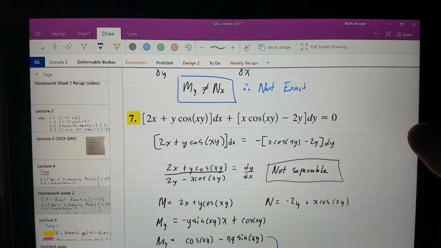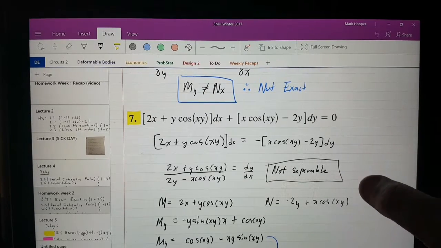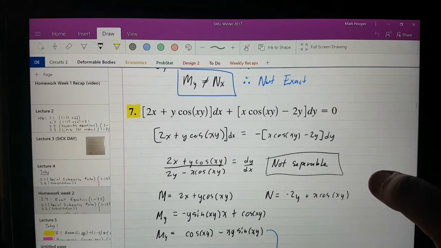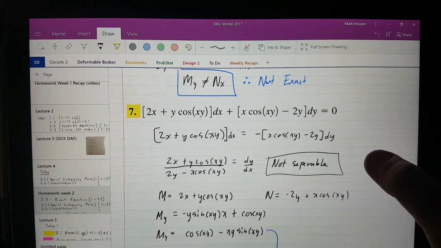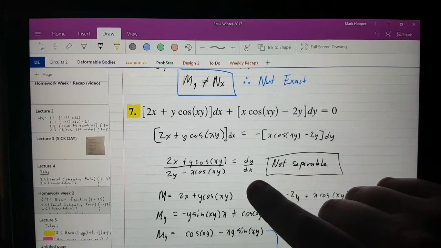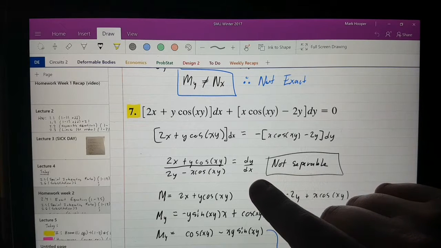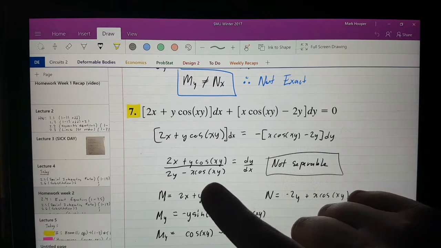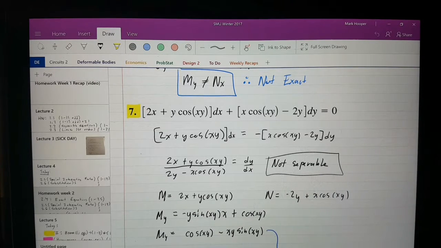So here's what we have to do: classify it, and if it's exact, solve it. This one's not separable because dy/dx isn't a function of x times a function of y.